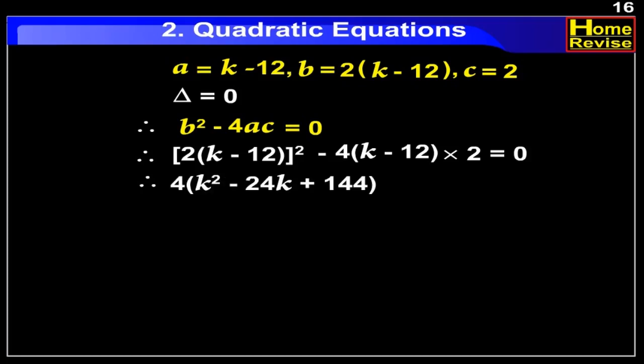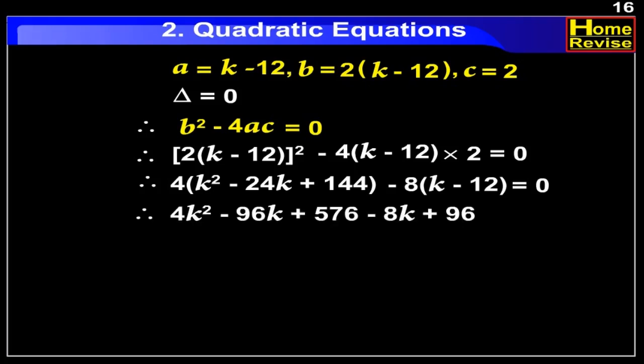Therefore, 4(k square minus 24k plus 144) minus 8(k minus 12) is equal to 0. Therefore, 4k square minus 96k plus 576 minus 8k plus 96 is equal to 0.